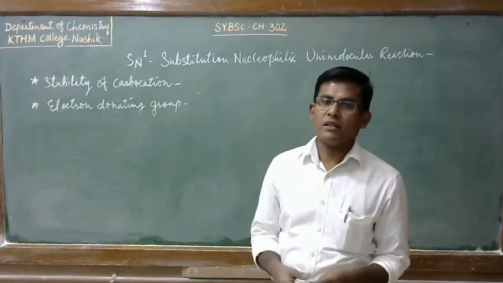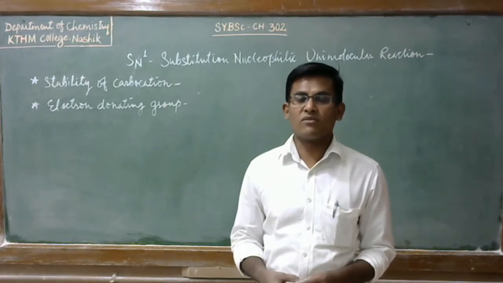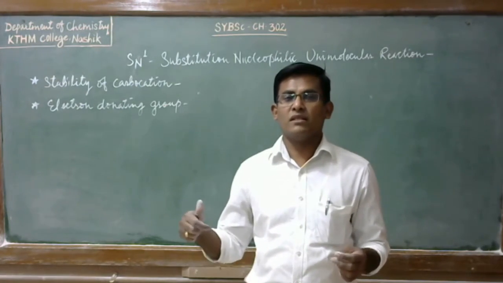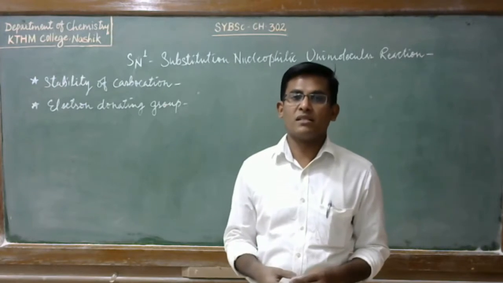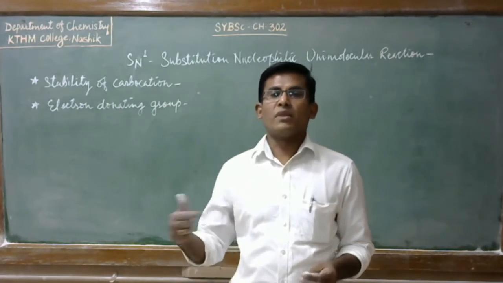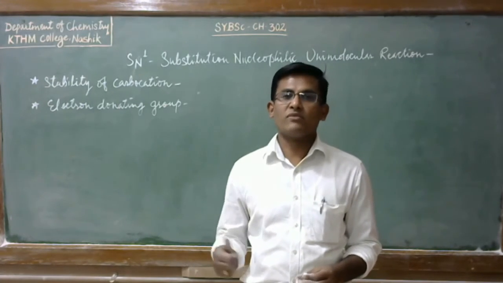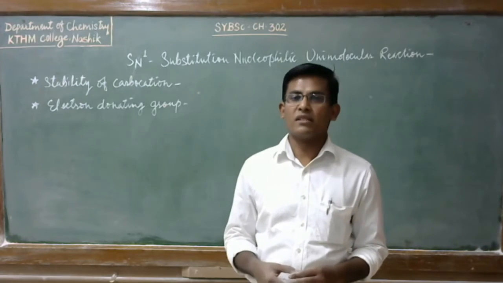Alright. So the electron donating group releases the electrons, and because of that the dispersal of this charge stabilizes the carbocation. That means the rate of the SN1 reaction will also increase.